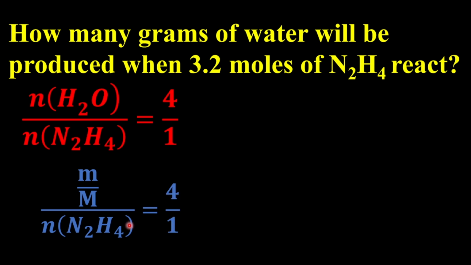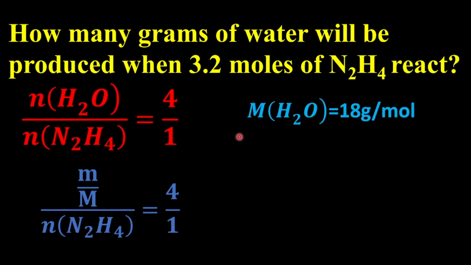We can solve for the amount from here, then later continue with the mass over molar mass formula. Before we do that, we calculate the molar mass of water. Why am I saying that? Because of the grams here. Anytime you hear mass, it means that you have to calculate the molar mass of the compound involved. So the molar mass of water gives us 18 grams per mole.